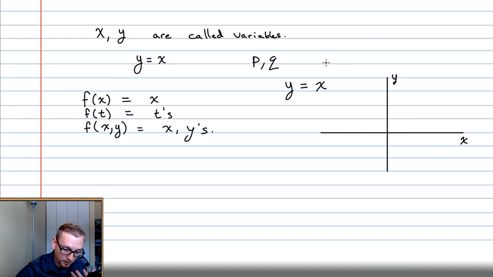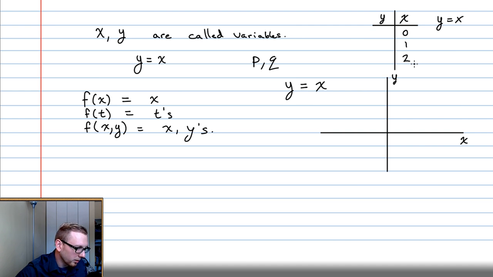Okay. So if we draw a table of values, if we say y is equal to x, and we want to look at different values to work with, we would start with 0 or 1 or 2, and ask, what is the corresponding y value?